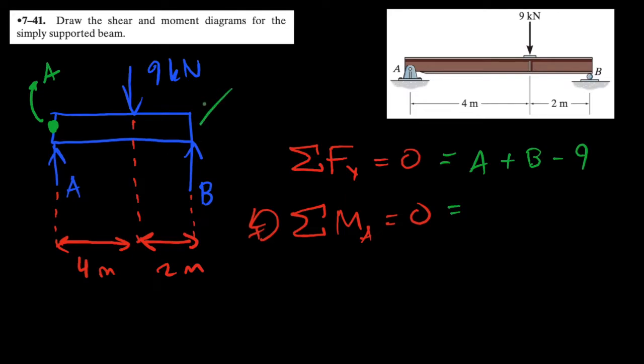Because if we assume that the beam was unhinged, and we see that there's a hinge type structure here, and we're pressing on the beam with this 9 kilonewton force, obviously the beam wants to rotate like this. This is something similar to, let's say, a seesaw. There's a pin here, and the seesaw is connected to the ground.